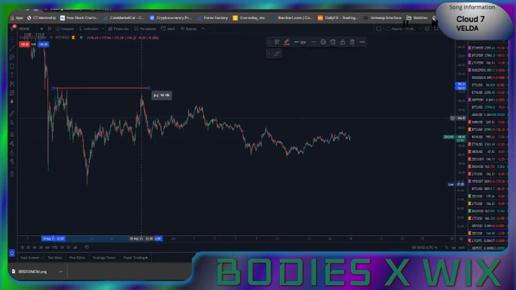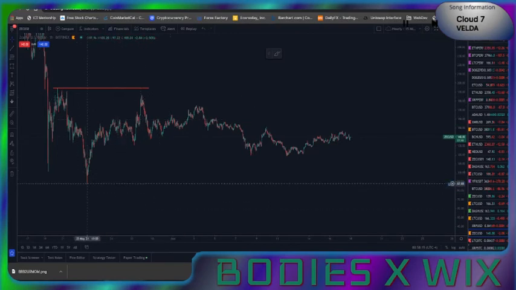Just because this guy came close and got rejected, people would think that this would be some kind of resistance level. Just buy side liquidity down here, nothing really that would show that this is support. So if it comes near here, do not buy.